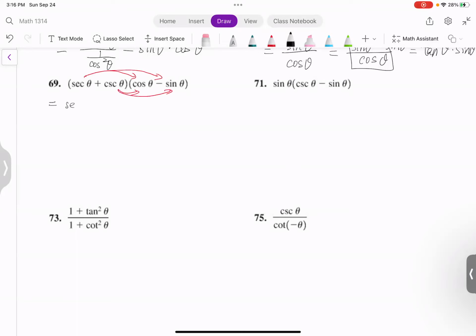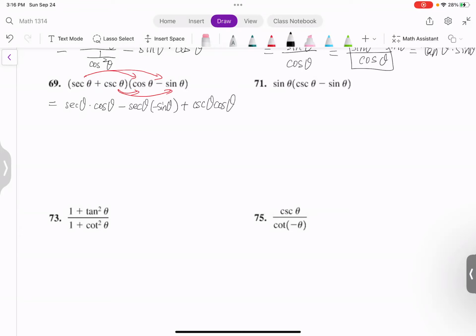So secant theta times cosine theta minus secant theta times negative sine theta plus cosecant theta times cosine theta.